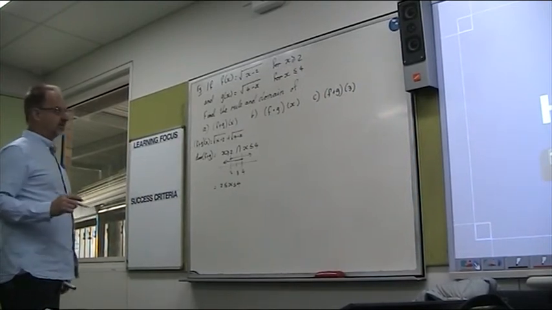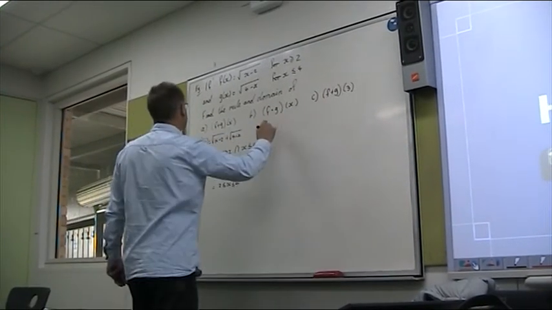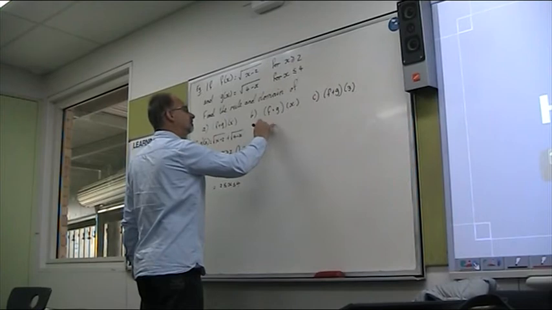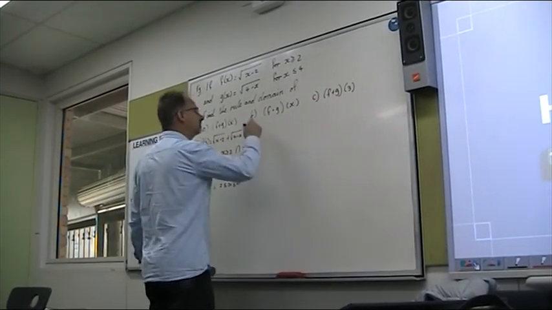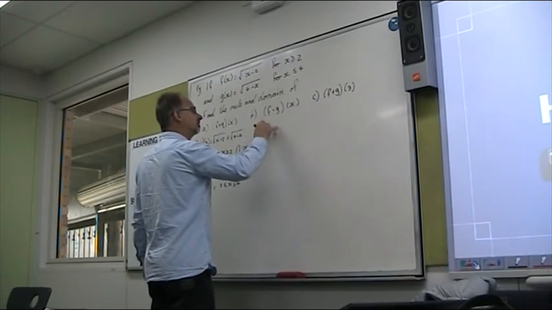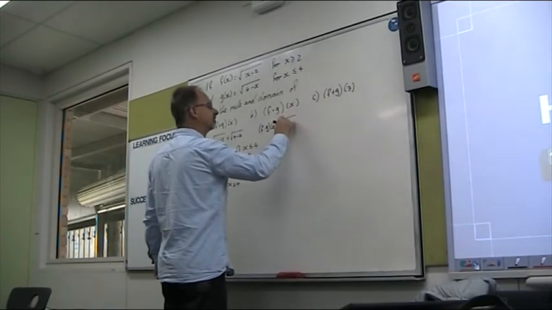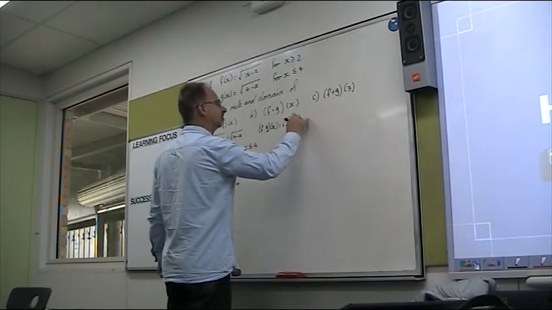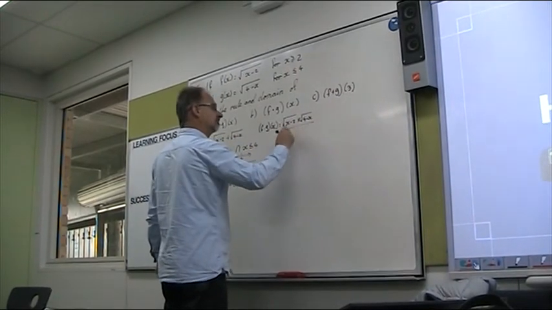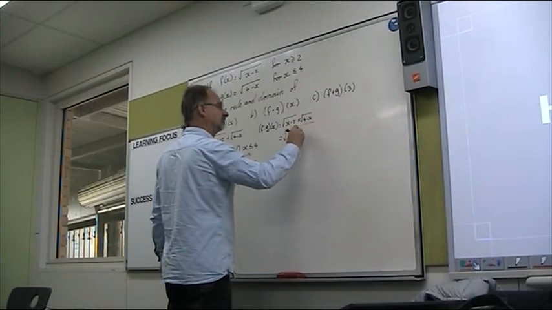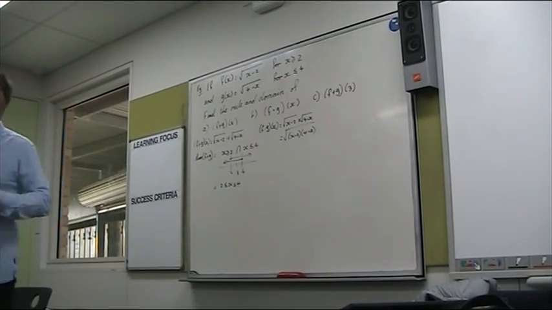All right, f times g: the product of them is simply when you multiply the two things together, so we've got that.